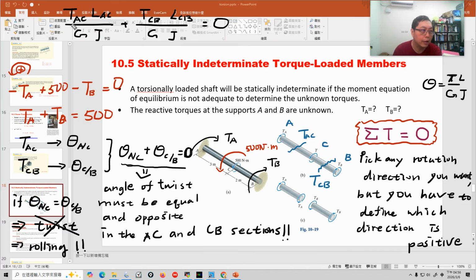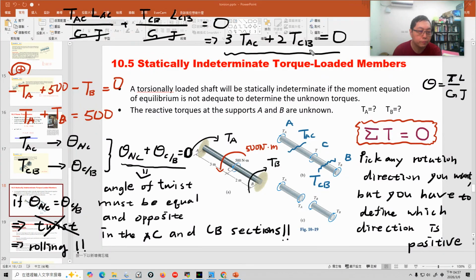We can multiply GJ on both sides, so we can ignore it. LAC is 3 and LCB is 2, so we have the equation: 3 TAC plus 2 TCB equal to 0. So we find another equation.